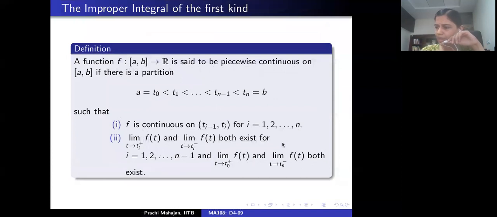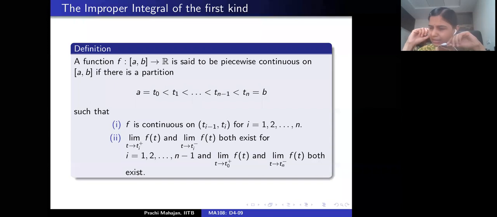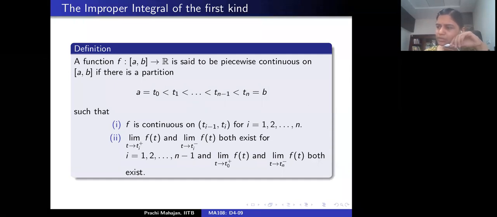So what is point number 2 saying? I think 1 is crystal clear. Point number 2 says that f approaches a finite limit as the endpoints of each subinterval are approached from within the subinterval.